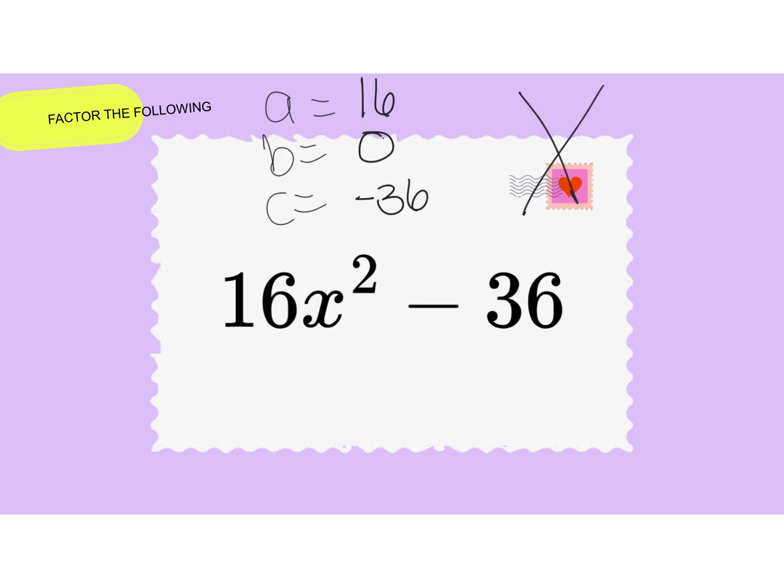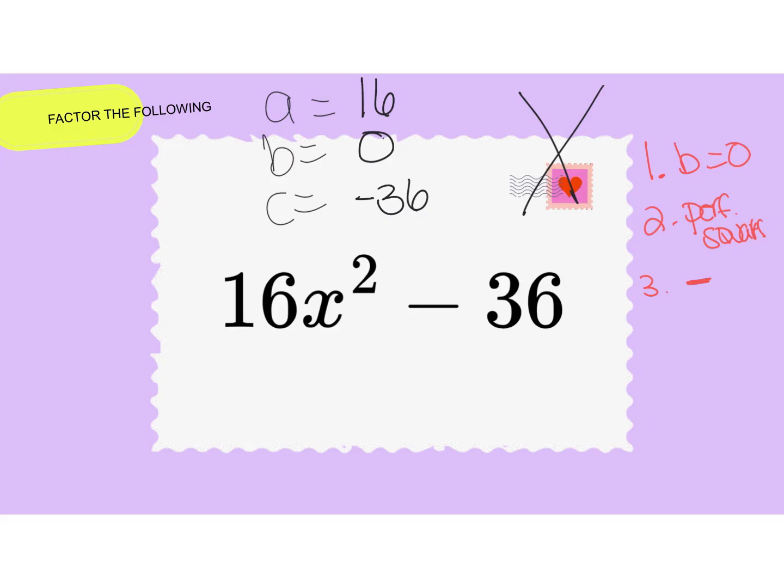The other way is, when I look at this problem, what do I notice? One, I notice that the B value equals 0. The second thing is when I look at my A and C, I notice that they are perfect squares. And the third is that both of those are connected by subtraction. So in my mind, I'm thinking, do I have a difference of squares?